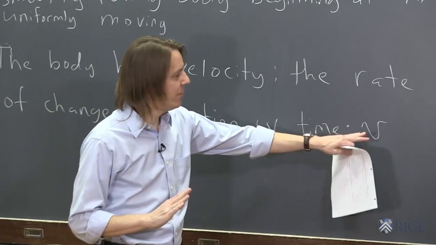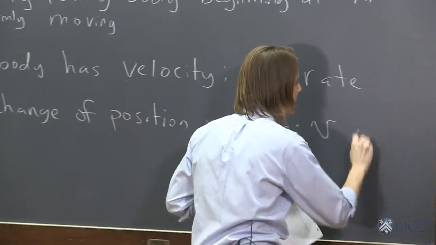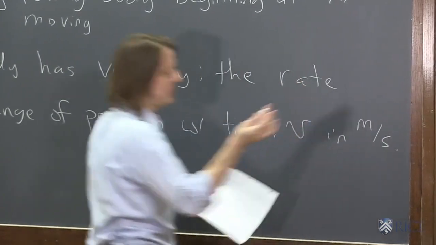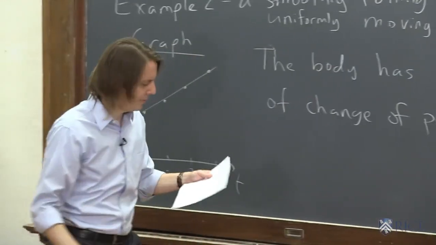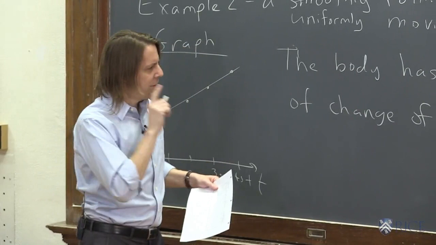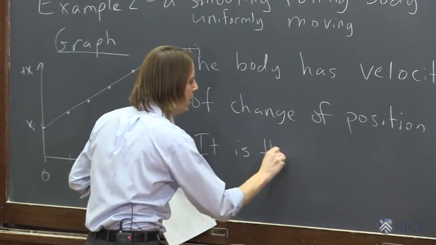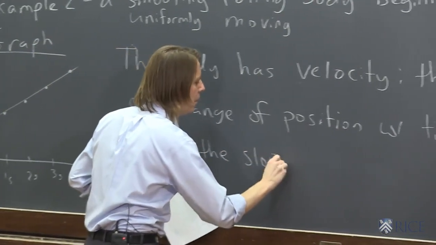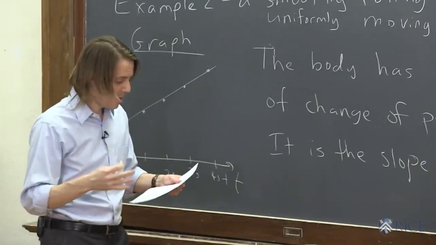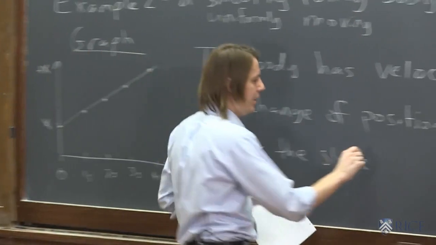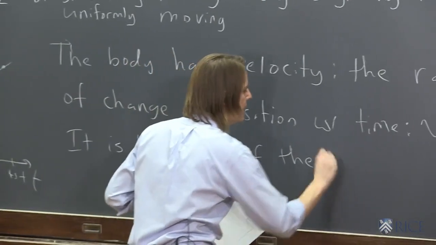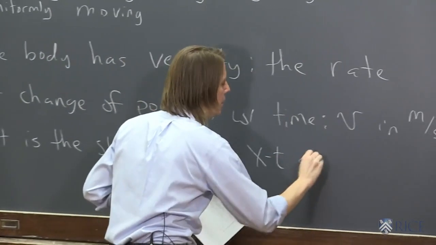So this is the symbol, cursive V. The unit is meters per second. And we'll get more into the math of it in a minute. I just want to point out another thing. It is the slope. If you've taken some algebra and done some plots and you know what slope is, it is the slope of the xt graph.